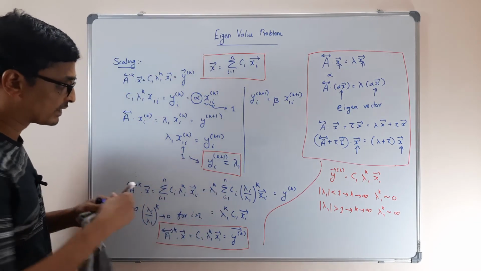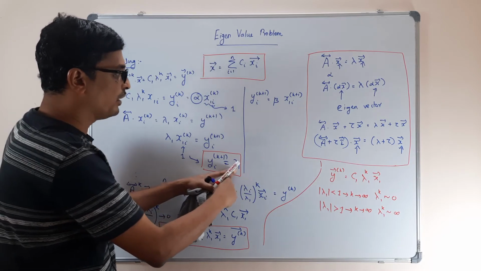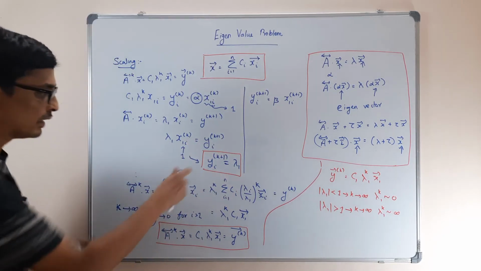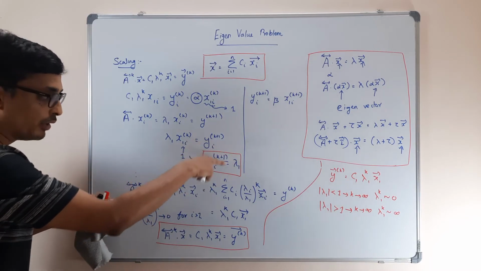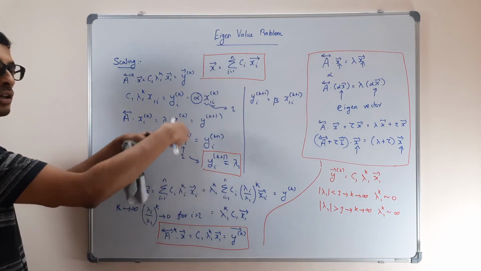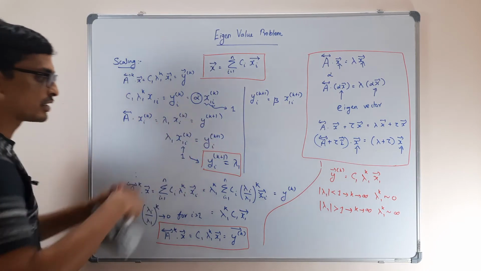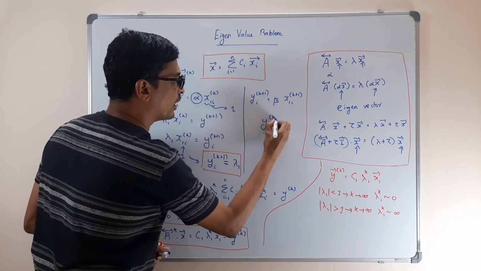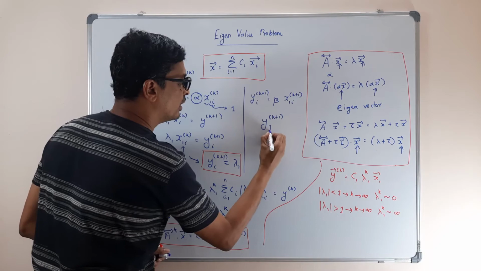And not just that, once we get the largest eigenvalue, the element which you are scaling to 1 will become your largest eigenvalue, and this vector y of k plus 1 will be your eigenvector.